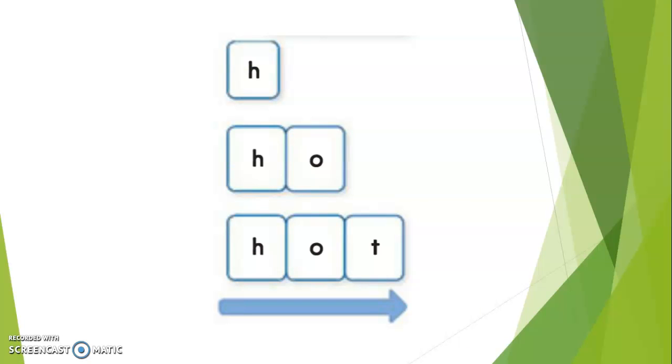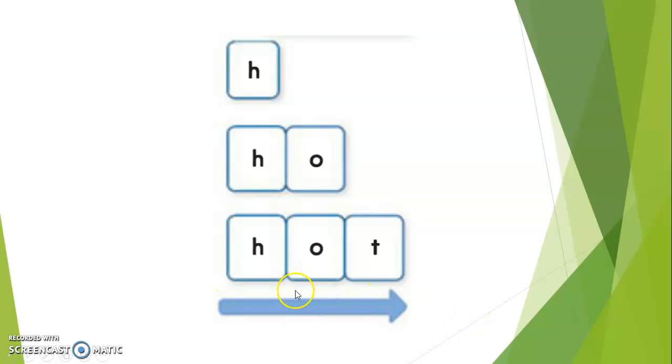Now we're going to practice reading words with the letters we've learned. So this is how we decode words and blend them together. When I say decode, I mean say the sound that every letter makes. So we're going to say /a/, /t/, at, /h/, /o/, /t/, hot.